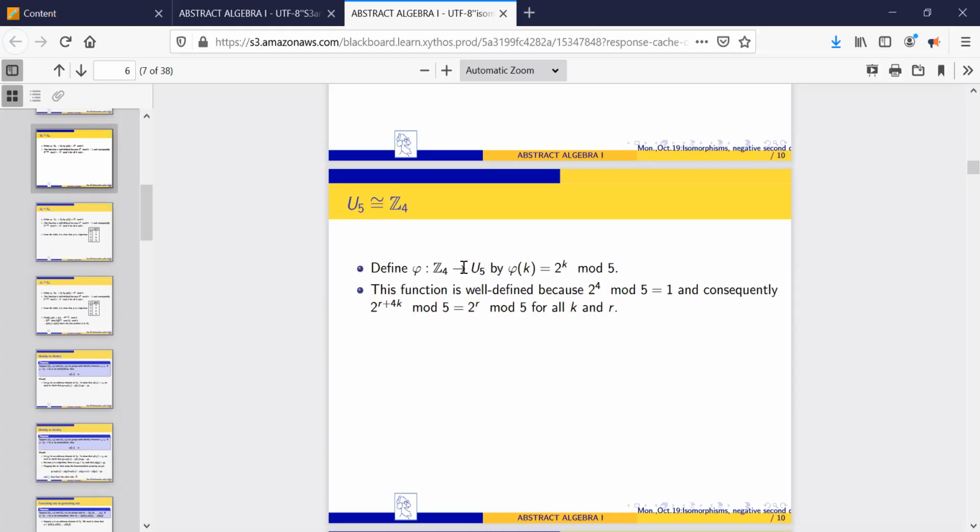Did you guys go over what these U's are? Does someone know what U5 is? Isn't it unit 5?